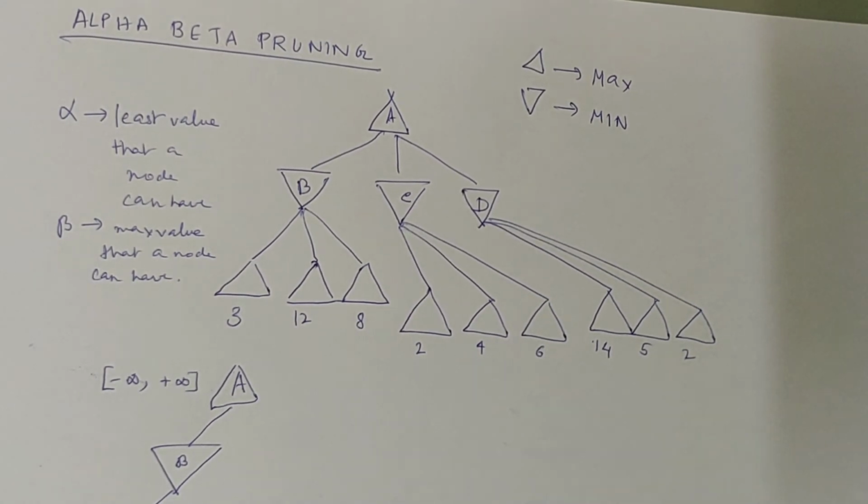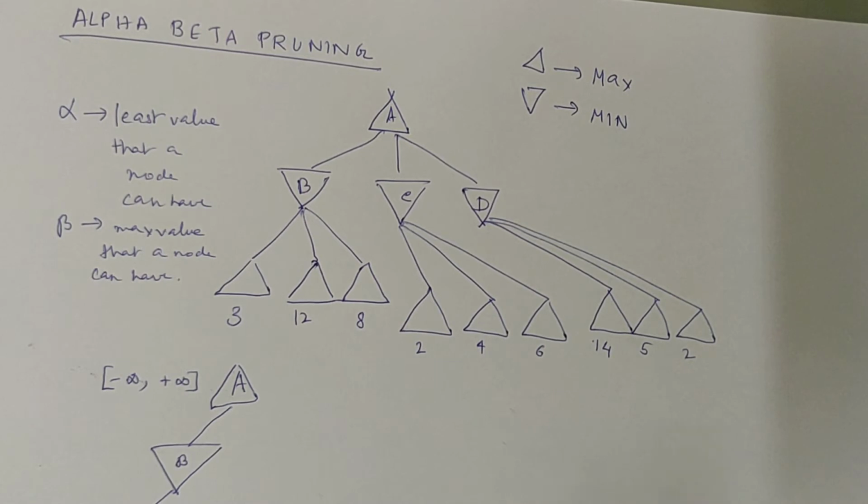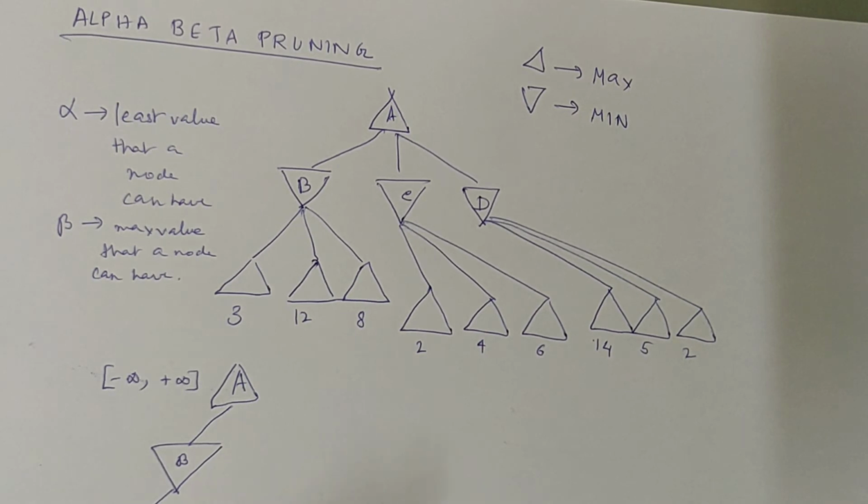Since B is a min node, if there are other children of B which have a value greater than 3, B will never pass that value up.